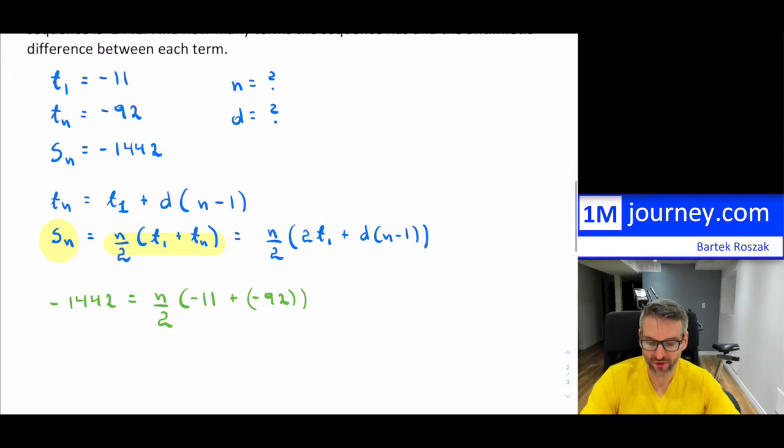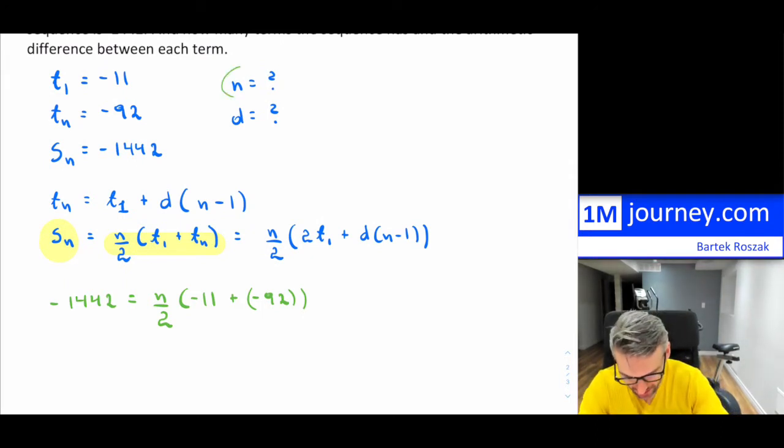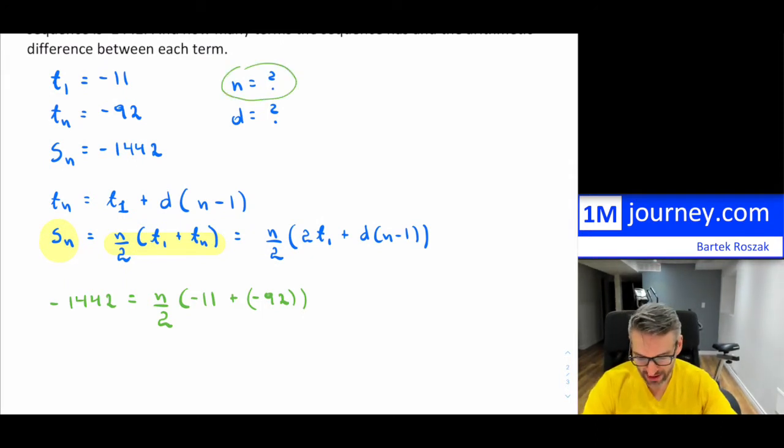So I can solve for n. Once I have n, I can then solve for d, using this equation or even this equation. So let's do that.